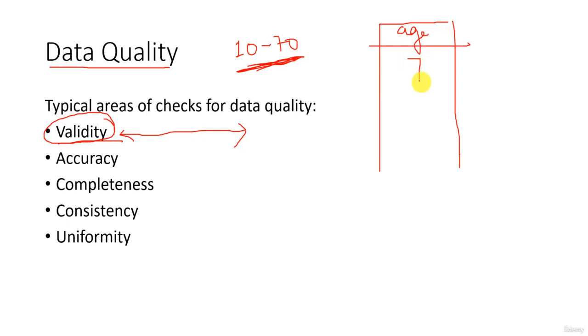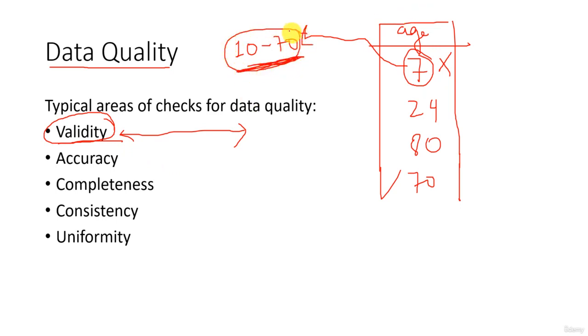Now I have the data 7, 24, 80 and 70 inside the age column. Does 7 come within this range? No. I have defined 10 to 70, so clearly this data is not valid because it does not come under the constraints I have defined.